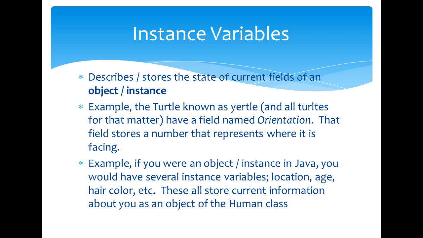And if we were to talk about us as humans and we were a class in Java, you'd have several variables or fields such as location, age, hair color, and many others. Those all store current information about you as an object of the Human class. I also want to note that some fields can't be changed.